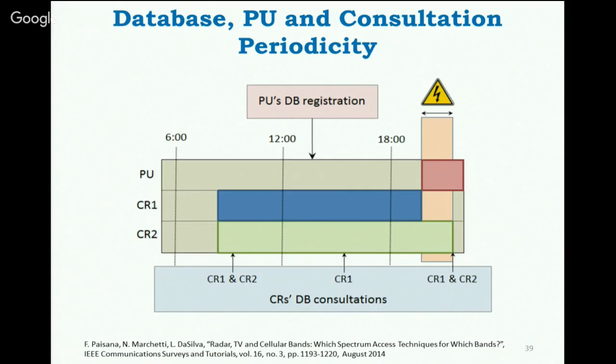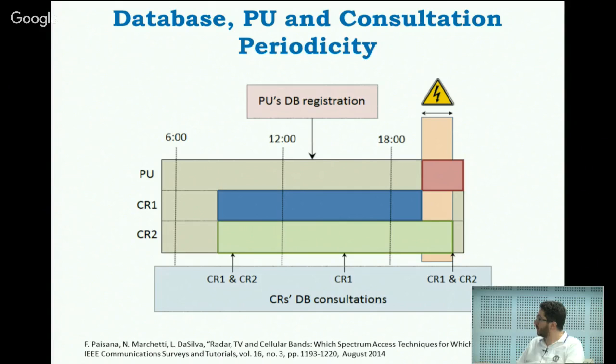Since Cognitive Radio 1 has been consulting the database before the activation time for the primary user, you will see that by the time the primary user starts to transmit, Cognitive Radio 1 will stop transmission because it knows something will happen. Cognitive Radio 2, on the other hand, didn't do that.